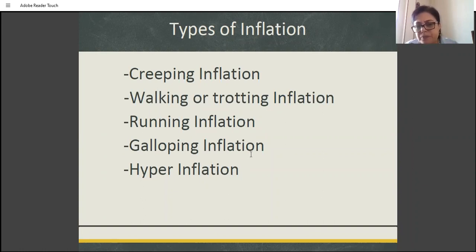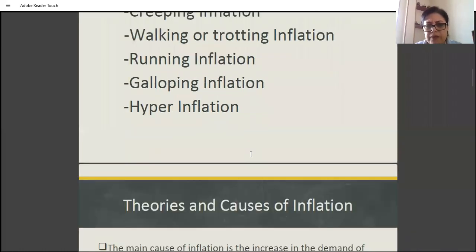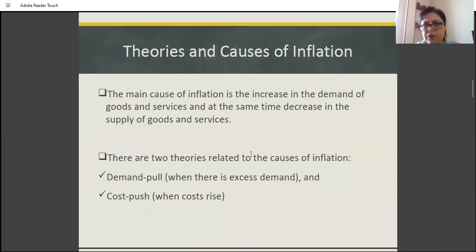And the final, very hard situation with price level is hyperinflation, when the annual rate of inflation may exceed 1,000%, even more. Well, of course, we have to talk about the theories and the causes of inflation.